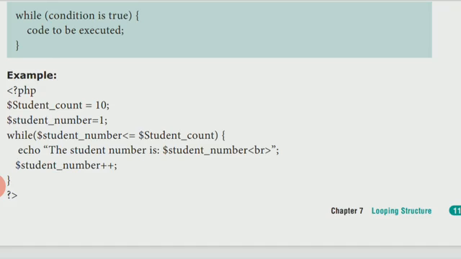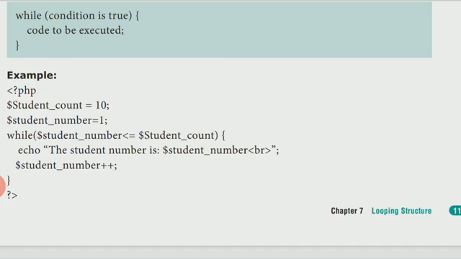The student count is 10, that is we want to count the students. While student number is less than or equal to count, that is 1 is less than or equal to 10, till then you want to execute, printing the student number.